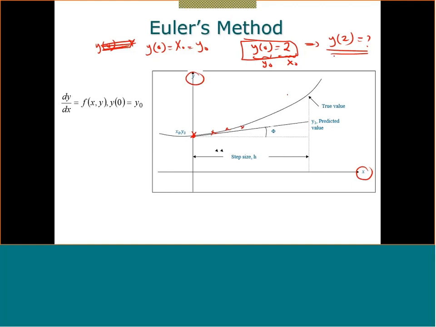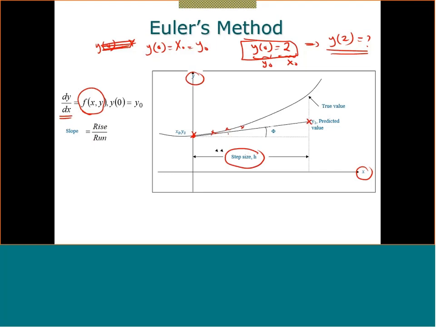Now, as we know, what is dy by dx actually? dy by dx is nothing but the slope. So the function that you have here is equal to the slope. And what is the slope? The slope is the rise over the run, the difference in the y-axis to the x-axis. So I want to move from this point to this point. I'm taking the tangent line using a step h.